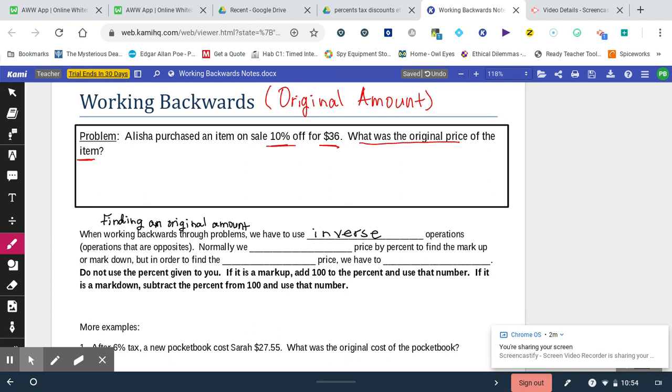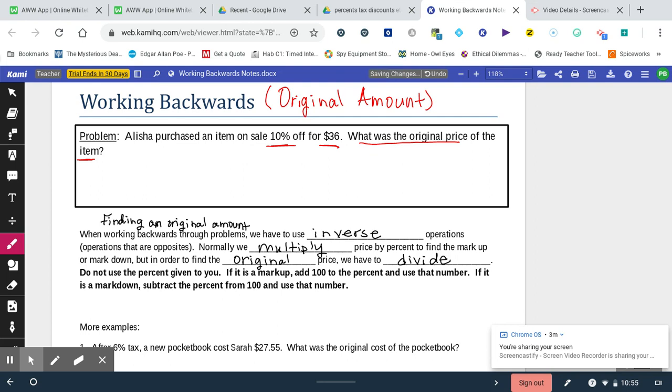It says, normally we multiply a price by a percent to find a markup or a markdown. But in order to find the original price, we have to do the opposite or the inverse, which is instead of multiplying, we have to divide.